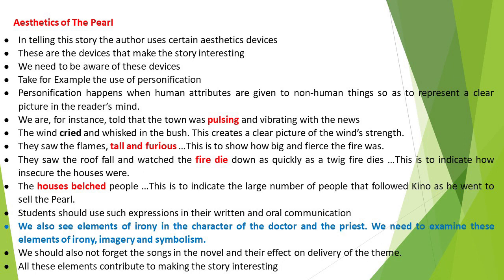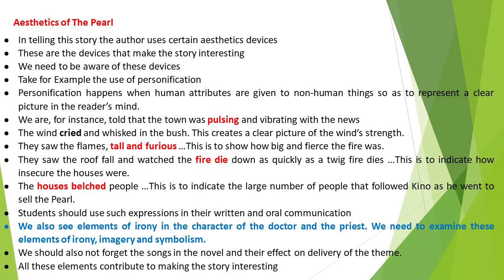Personification happens when human attributes are given to non-human things so as to represent a clear picture in the reader's mind. We are, for instance, told that the town was pulsing and vibrating with the news.